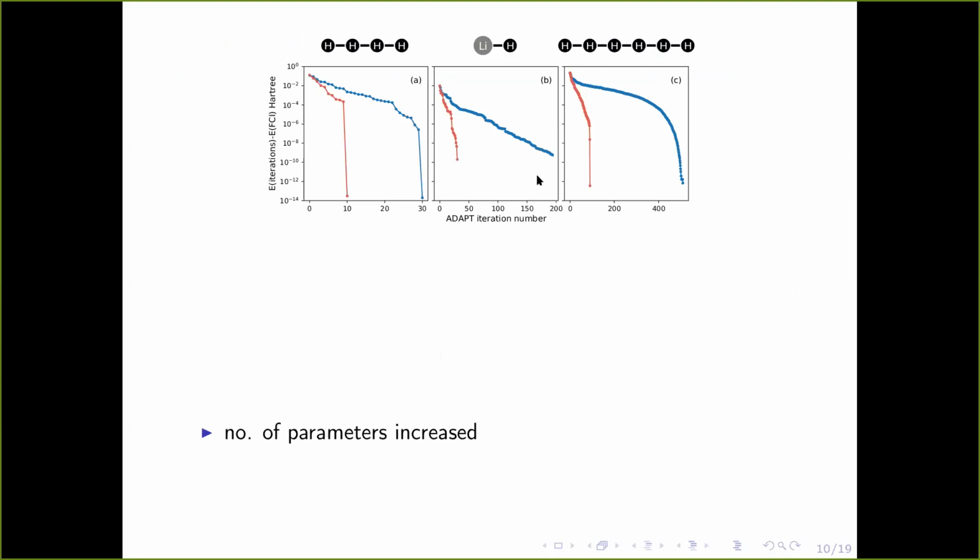Here is a result of a classical simulation we did for 3 molecules. We plot the energy error against the number of parameters, and the blue curve is the qubit-ADAPT, while the red curve is the ADAPT. We see that the qubit-ADAPT uses more parameters to attain the same accuracy.